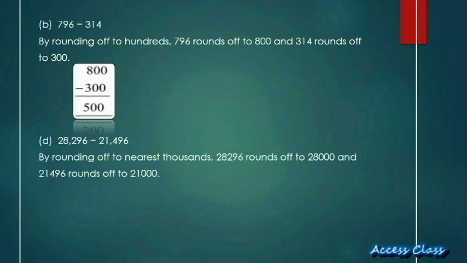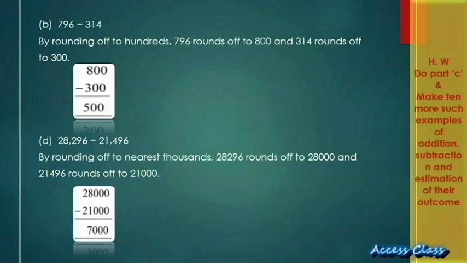We're going to round off both the numbers to the nearest thousand. 28,296 gives 28,000, and 21,496, rounded off to the nearest thousand, gives 21,000. Hope you understand how to round off to the nearest thousand. If you don't know, check once again the first video where I have given you estimation. Now after subtracting, you will get 7,000.